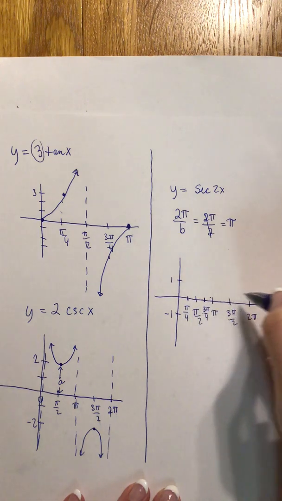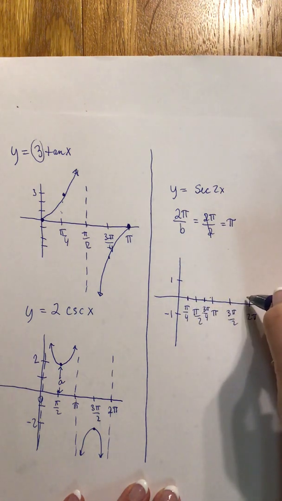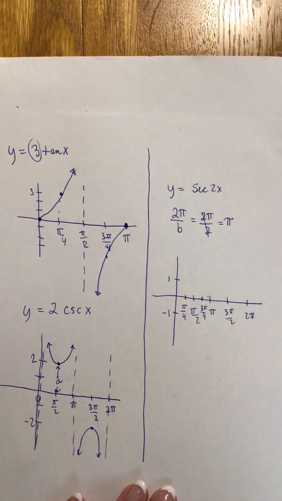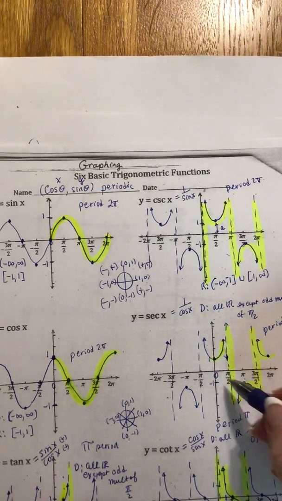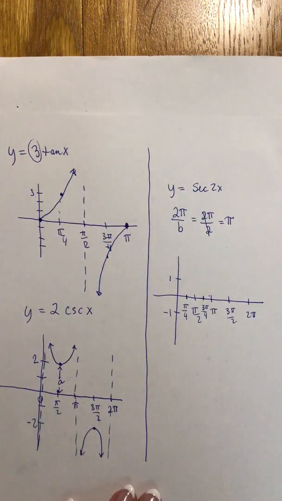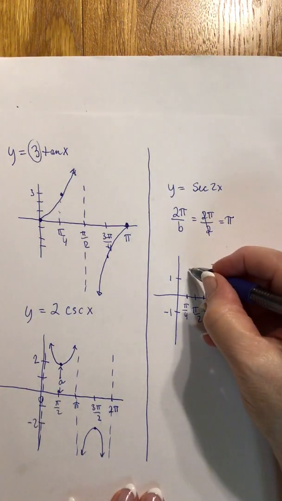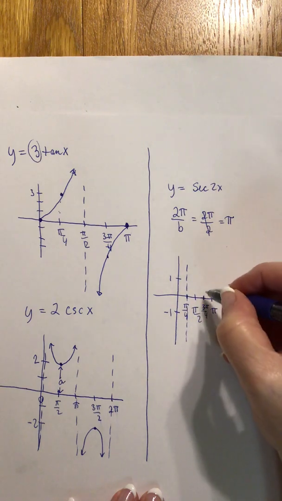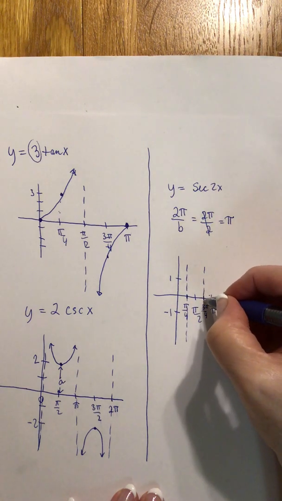So now, instead of having the whole 2 pi to recreate our picture, we're recreating just between here and here. So if our graph has an asymptote 1 step in and then another asymptote 3 steps in, we're going to have an asymptote here. We're creating just like it was before, and we're having another one here.